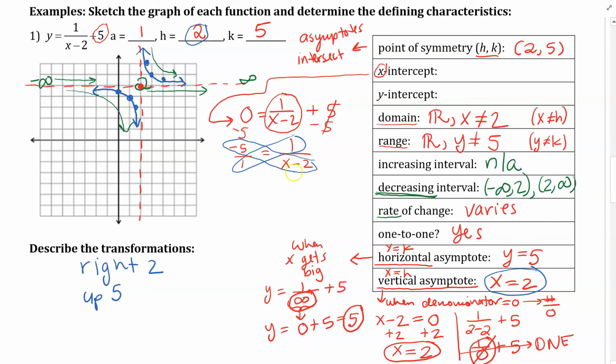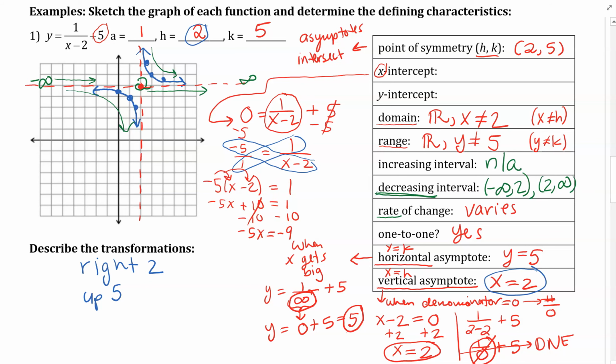Multiply this to that and set it equal to the product of 1 and 1. So I get -5 times (x-2) equals 1 times 1. And then now it's a simple linear equation. I just distribute the -5 and isolate x. So I'm going to subtract 10 from both sides.